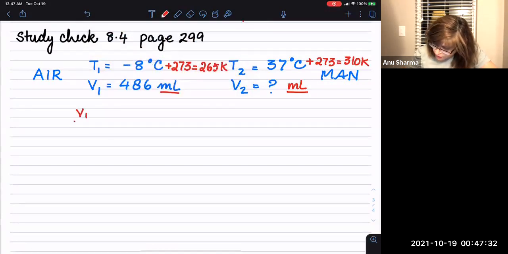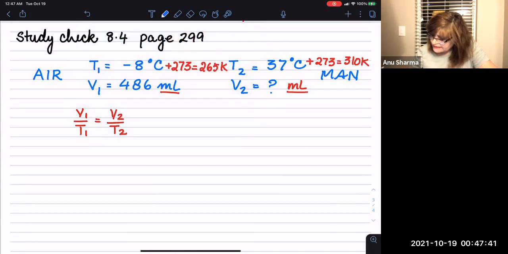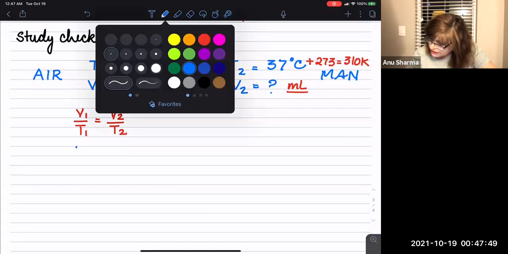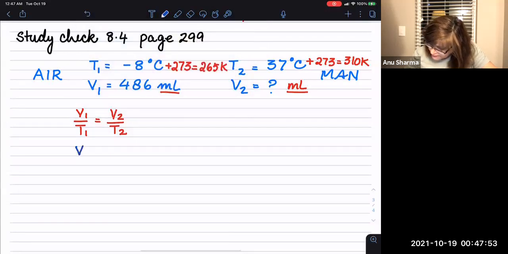V1 over T1 is equal to V2 over T2. Okay, so here V1 is 486. So we need to find the V2. So let's just do the transformation right here. So we see that V1 over T1 times T2 is equal to V2 over T2 times T2.